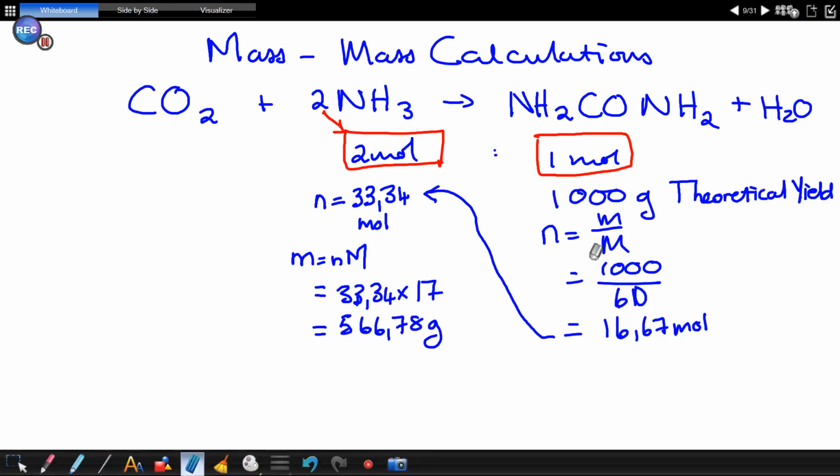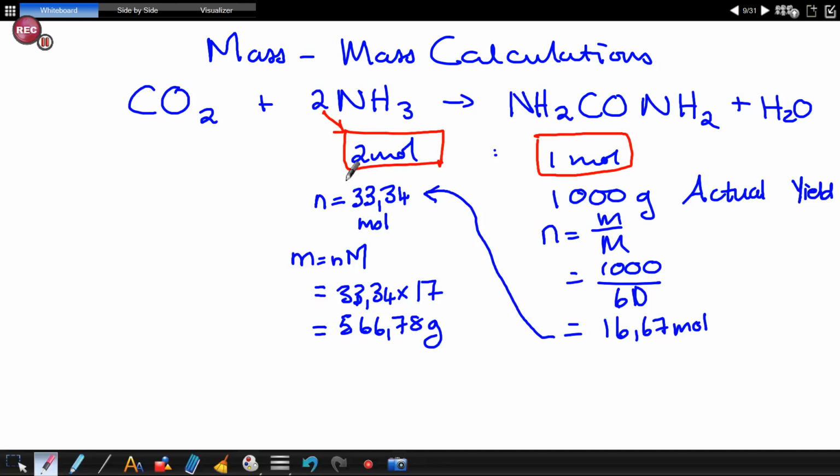Let's change this to the actual yield. So we're just getting rid of the excess. We don't need to find the limiting reagent now. Because they said that 1,000 grams is produced, 1 kilogram is produced.